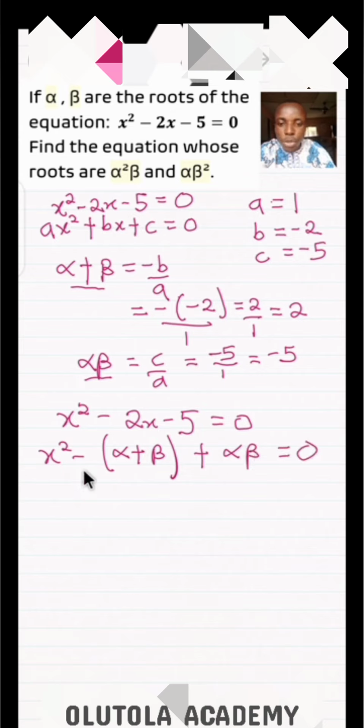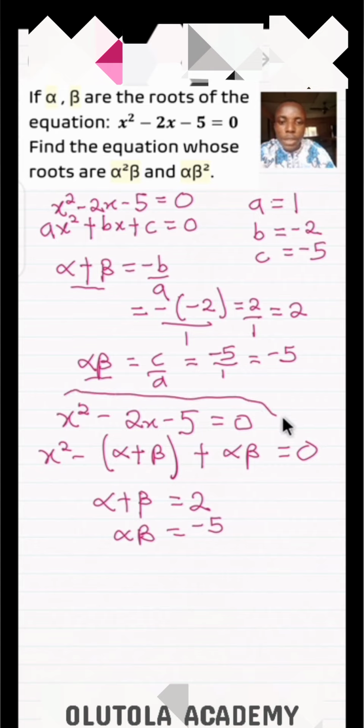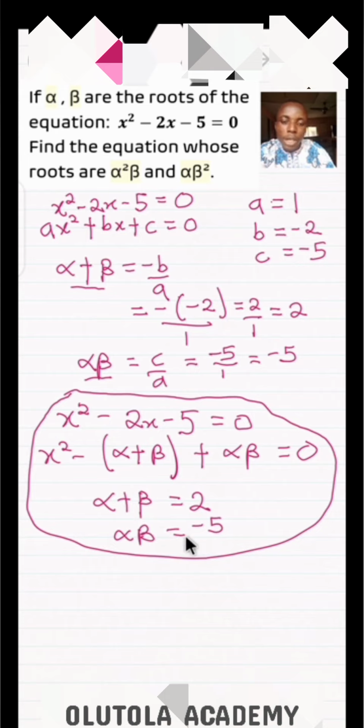Comparing these two equations, we have minus here, we have minus here. That means alpha plus beta is 2 and alpha beta is minus 5. I prefer this second way of getting my sum and product of roots, because I will be able to get it faster than I did here.